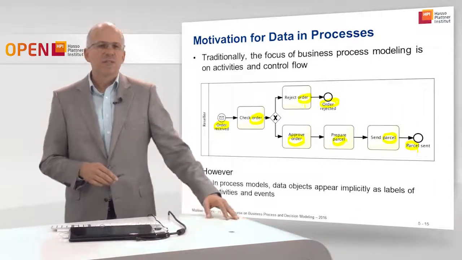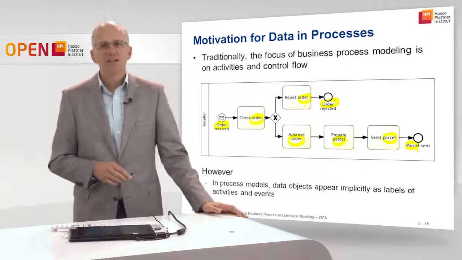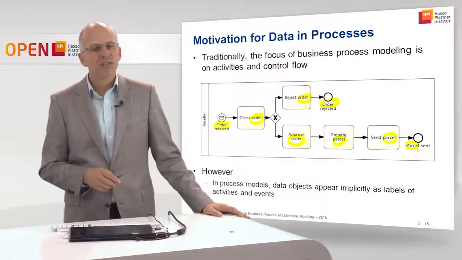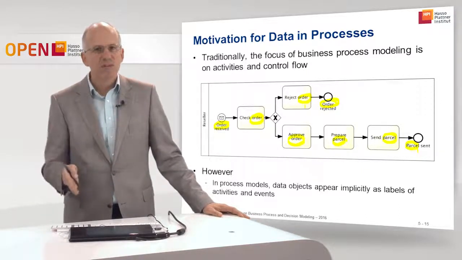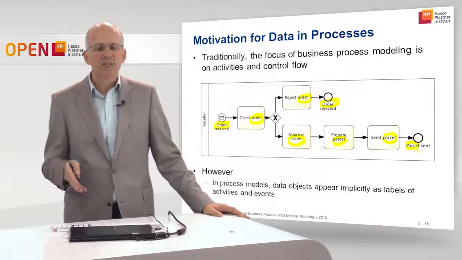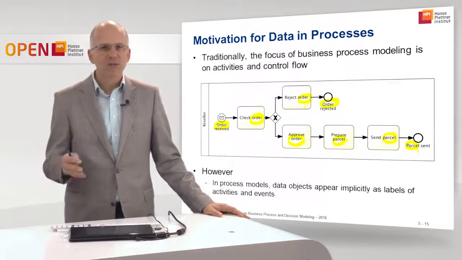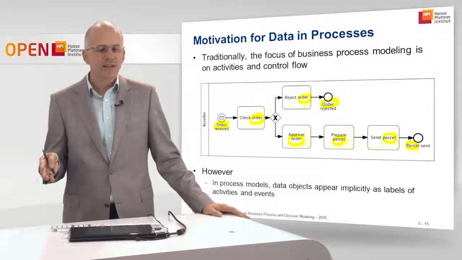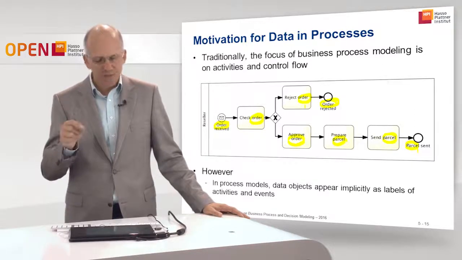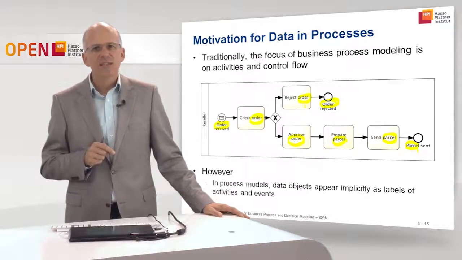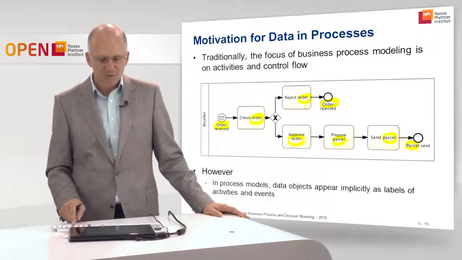So apparently we implicitly talk about data objects even when we don't explicitly represent them. If you look at process models that do not have data explicitly, then still you see in the labels that there's almost always a reference to data.